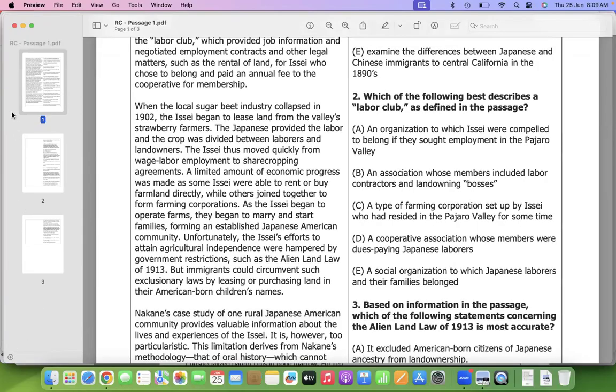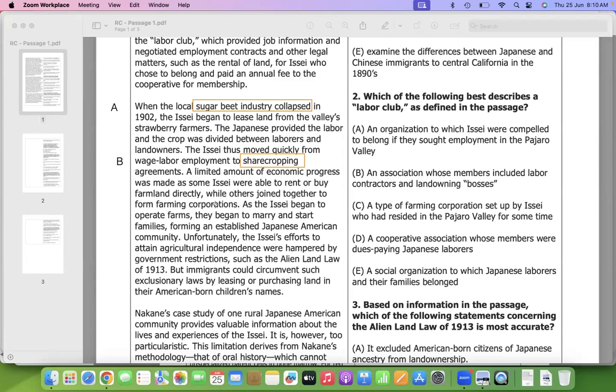So we're going to label this A. This is point A. So what is B? B is sharecropping. A led to B. What is C?